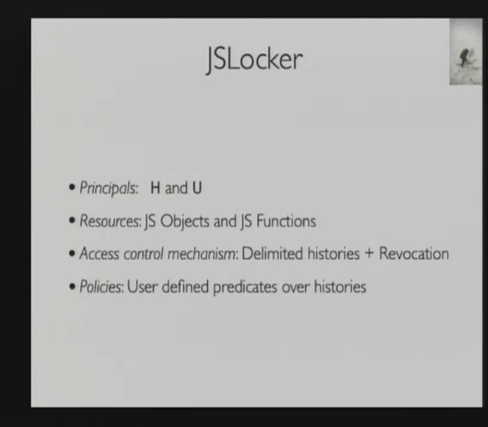Like I said, access to objects, reading fields, writing fields, calling functions is what we want to control. And we propose a mechanism called delimited histories plus revocation as our way to control access to this data. I'll explain this in a second. And the policies we will enforce will be user-defined. So you can write a predicate, and I'll show you how this works.